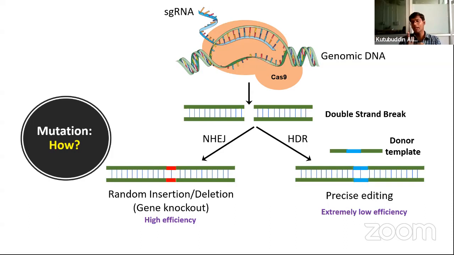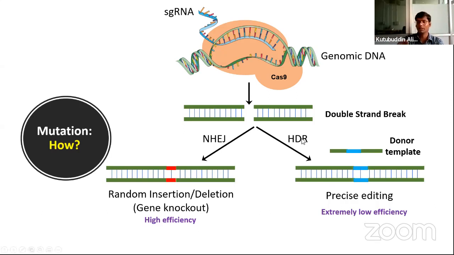Suppose Cas9 creates a double strand break in one copy of the gene, but the other copy is intact. The cell will use the intact copy as the template to repair the broken copy. The cell sees the sister chromatid that is not broken and copies the same information into the broken end. So it is almost error-free repair, and that's called homology-directed repair.